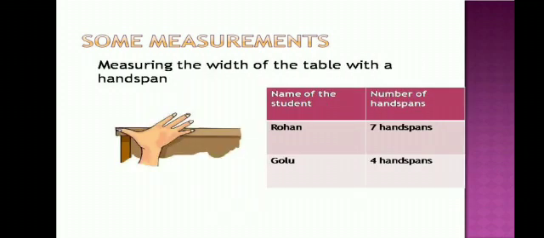Measuring the width of the table with a handspan. What is handspan? The distance between the thumb and the little finger when it is stretched. So, two friends measured the width of the table, but the answers are different due to the size of their hands. So, it is varying. So, it is also a non-standard unit of measurement.